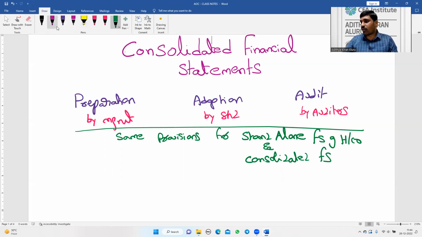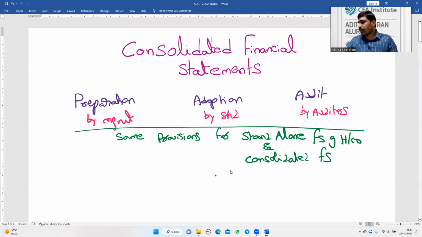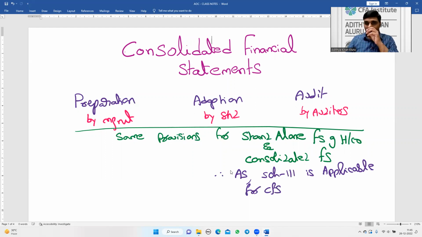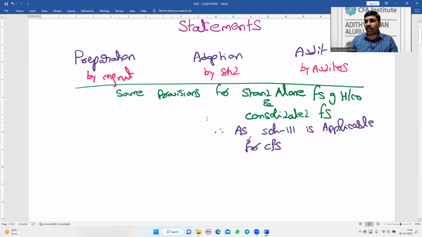Same provisions relating to preparation, adoption, and audit. Therefore, accounting standards as well as Schedule 3 are applicable for consolidated financial statements.